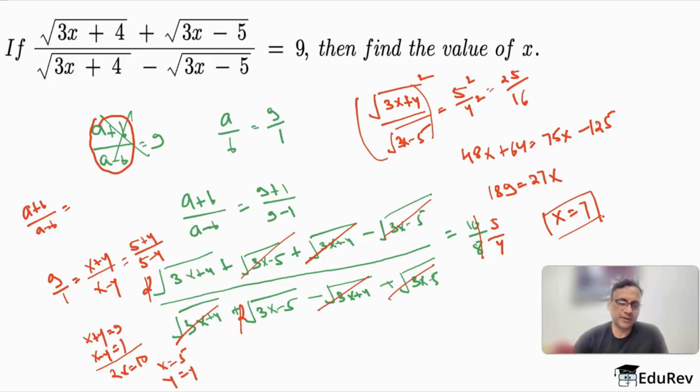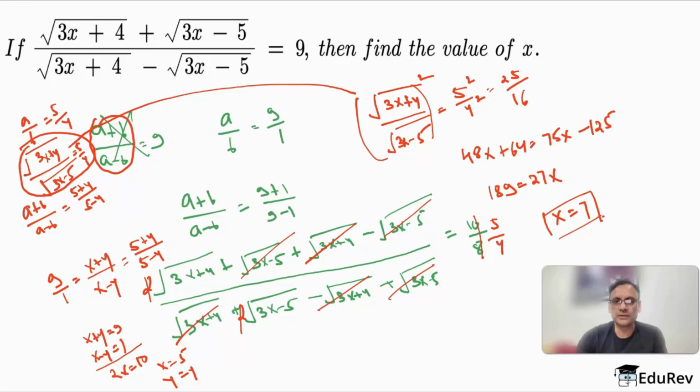If you can figure this out, then a plus b upon a minus b is equal to 5 plus 4 upon 5 minus 4. Hence, a by b is equal to 5 by 4. Hence root 3x plus 4 upon root 3x minus 5 is equal to 5 by 4, and this is exactly what we got here.